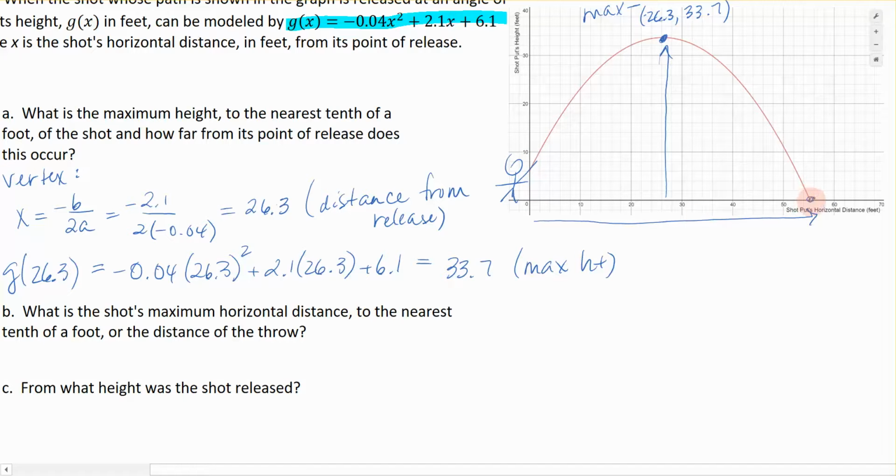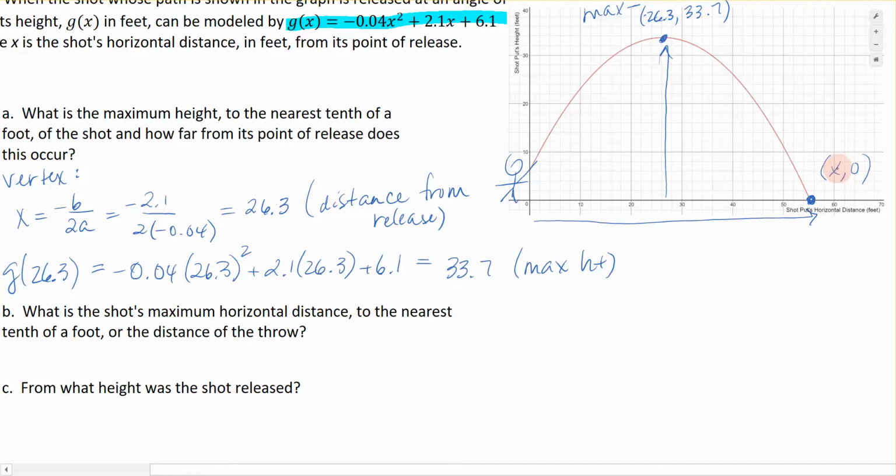So it's this point right here, which is the maximum distance from where we started. If that's the case, then if we're thinking about this point right here, then we want to know what x is when y is 0. Because the coordinate for that would be 0 for y, and I'm trying to solve for x.